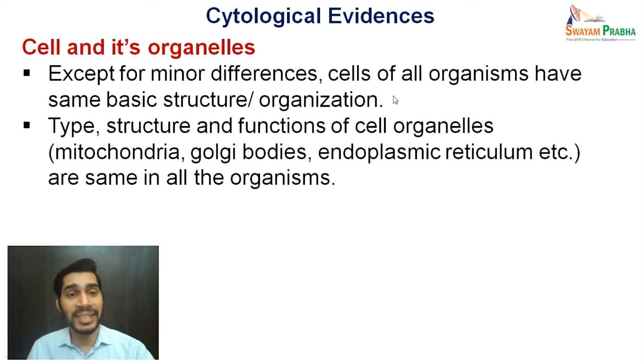And not just the cells, but the types, structure and functions of various organelles present within the cells, like mitochondria, Golgi bodies, endoplasmic reticulum, etc., are also the same in all these organisms. So this is a strong evidence that they still have the same basic pattern, and hence they might have evolved from this basic pattern as well.